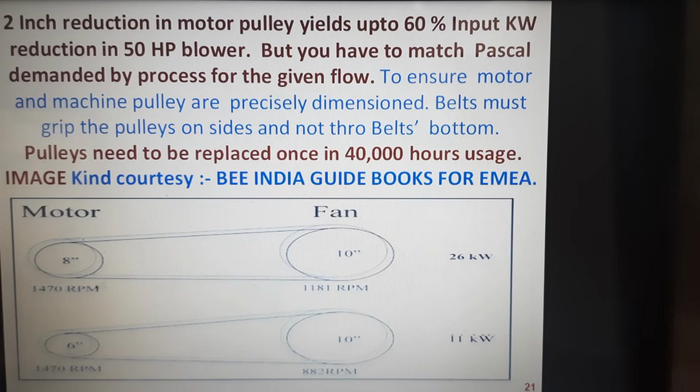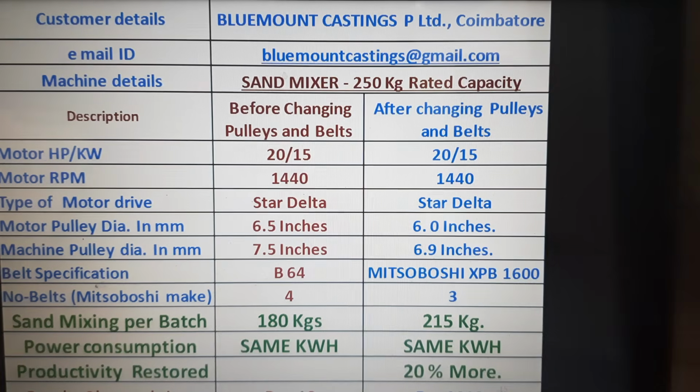This is why resizing the pulley once in 40,000 hours is definitely mandatory in the maintenance of belts and pulleys, and it gives excellent savings whenever you are trying to optimize the static pascal and the flow of the blower for the given process and load.